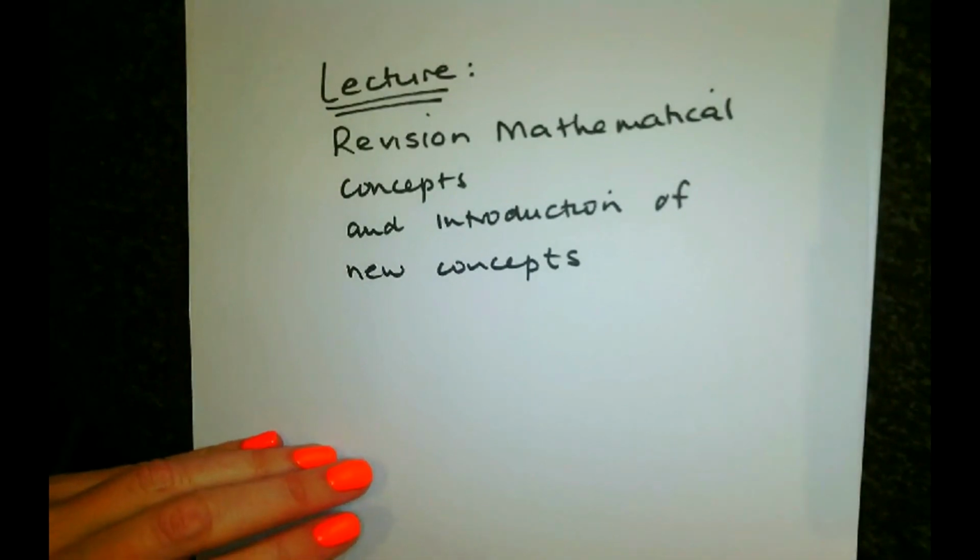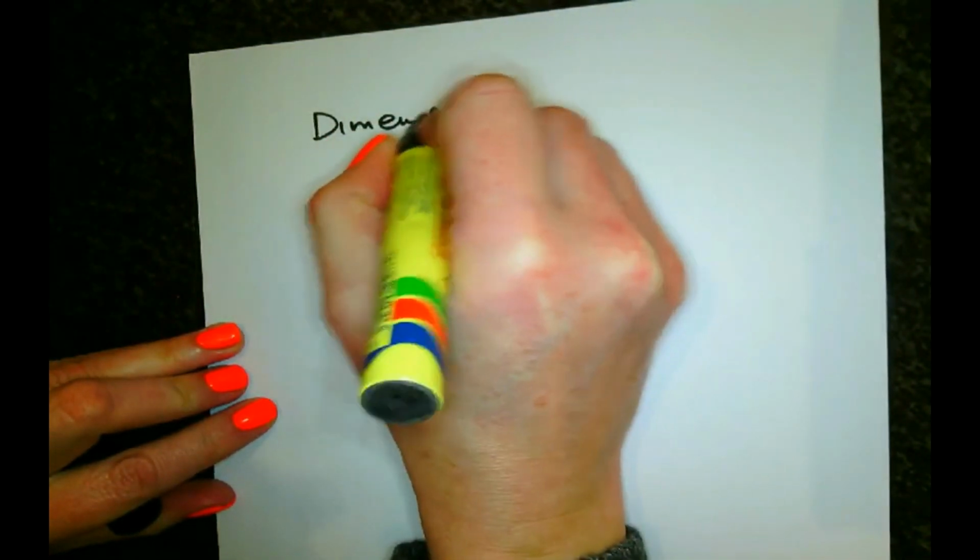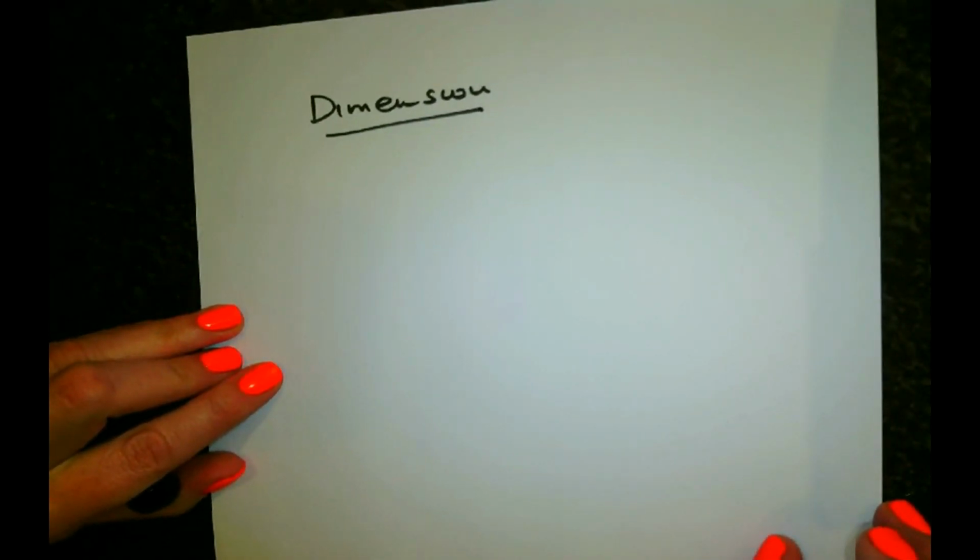Okay, so the first concept that I want to define is a new concept. Some of you may have heard of this, and that is the concept of dimensionality. So we will be referring to the idea of dimension throughout the course. So there are different types of dimensions that we can define.